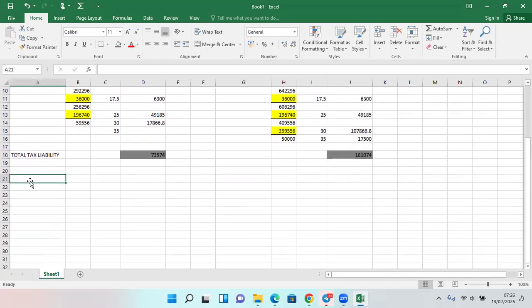Now let's move to the non-resident. Remember, the non-residents attract a tax rate of 25% straight, so chargeable income, they also receive 300,000.